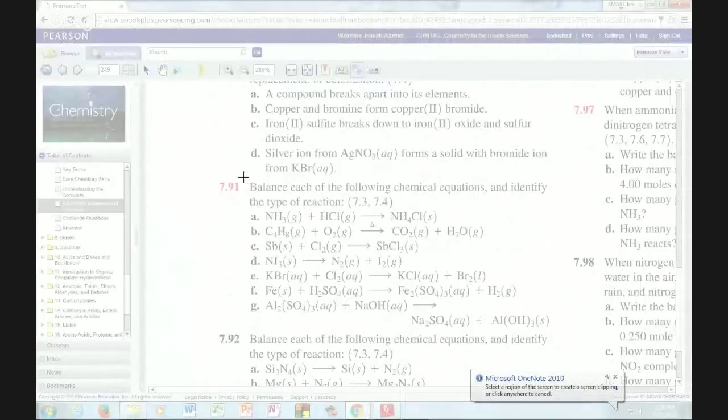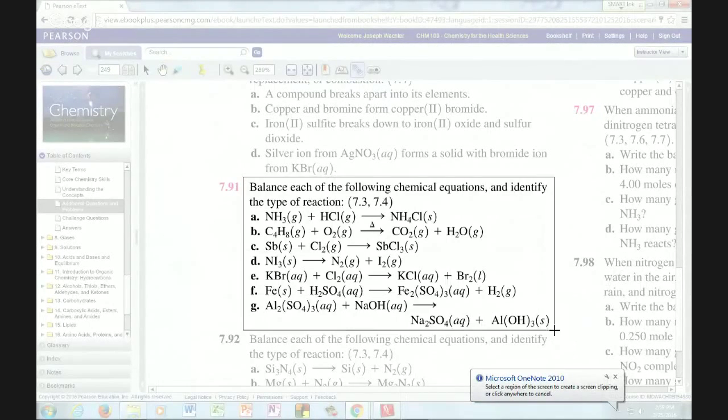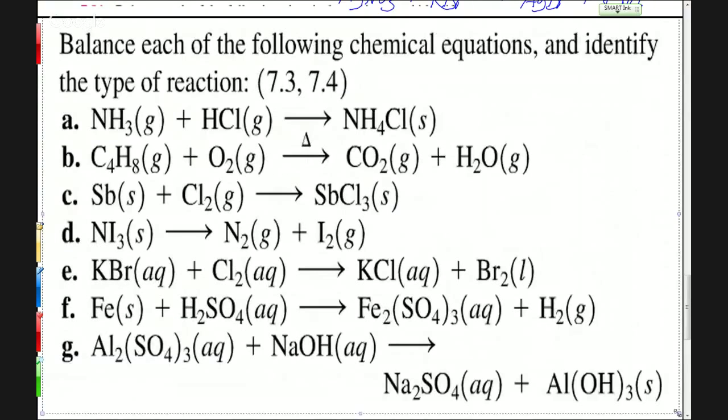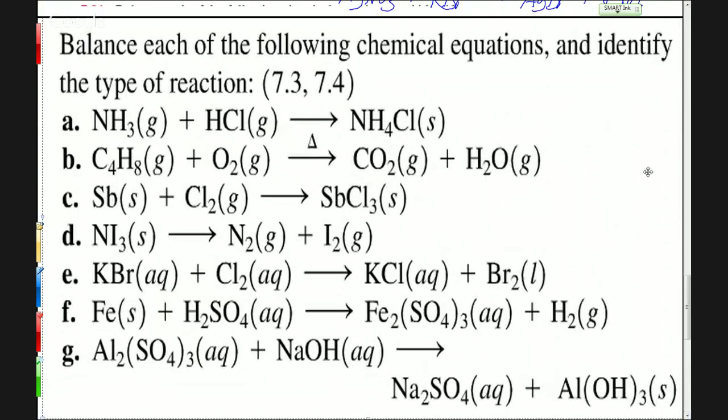That's always good. Balance each of the following and identify the type of reaction. Let's work on this for about 8 minutes or so, and then we'll come back and look at them together. Flag me down if you're confused or stuck on one.